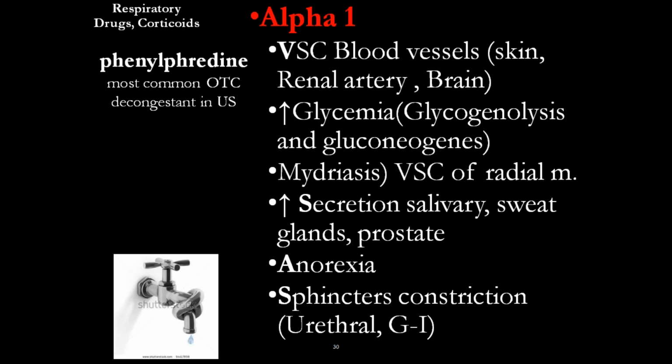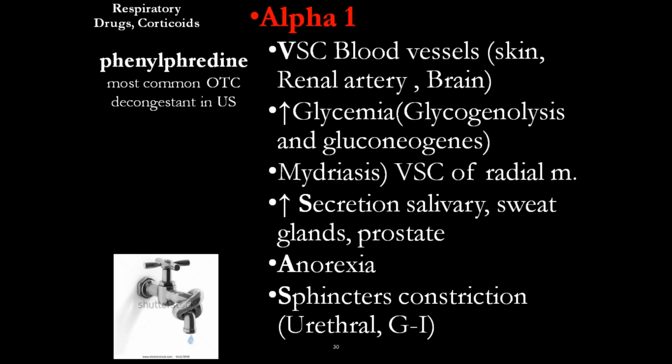Another thing that you please need to remember is alpha-1 is contraindicated in diabetic patients, so be careful with that, and in people who have hypothyroidism or glaucoma, or hypertension, right? Hypertension, glaucoma, diabetes, hypothyroidism.